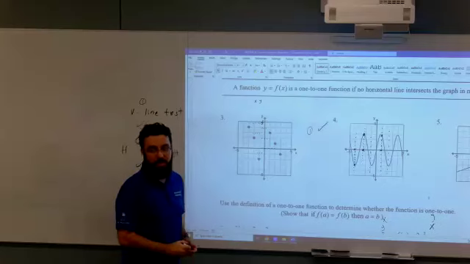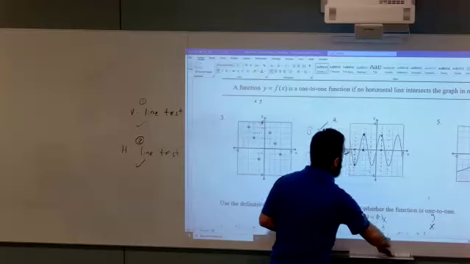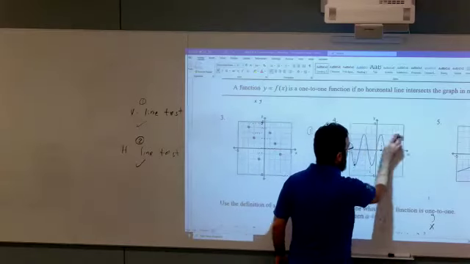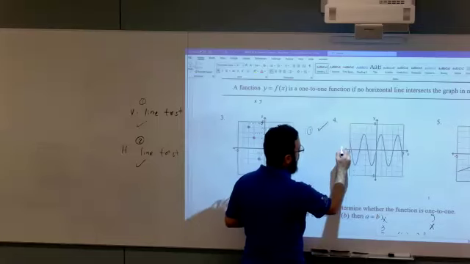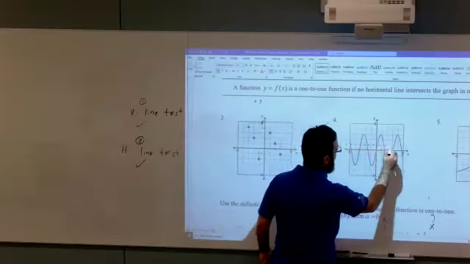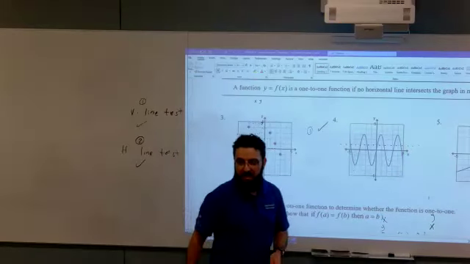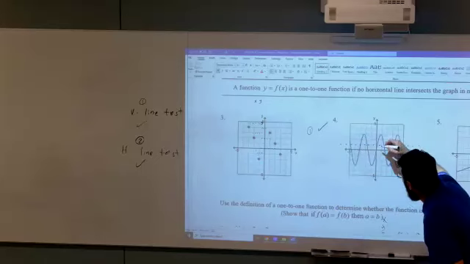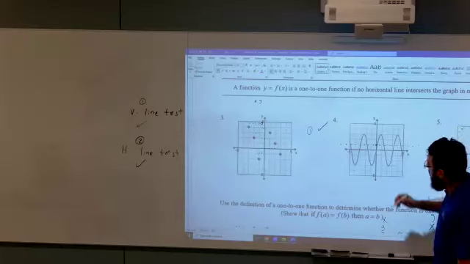Okay, let's do the opposite thing. One horizontal line test will be enough. Each Y here intersects with the graph at how many points?